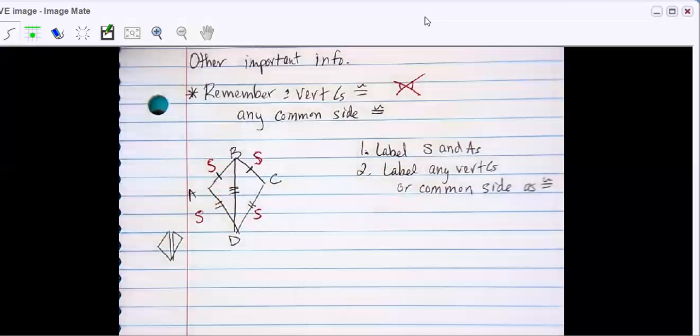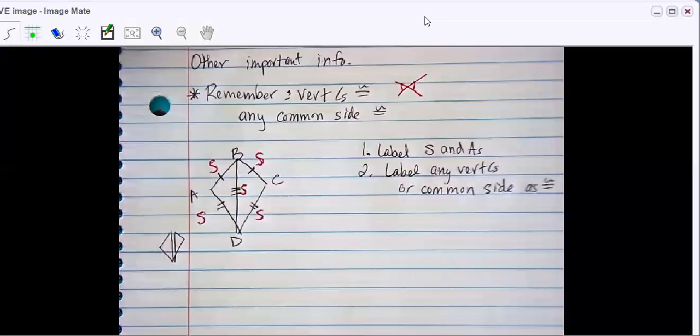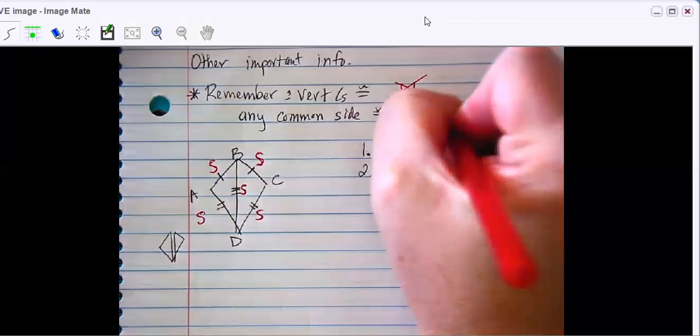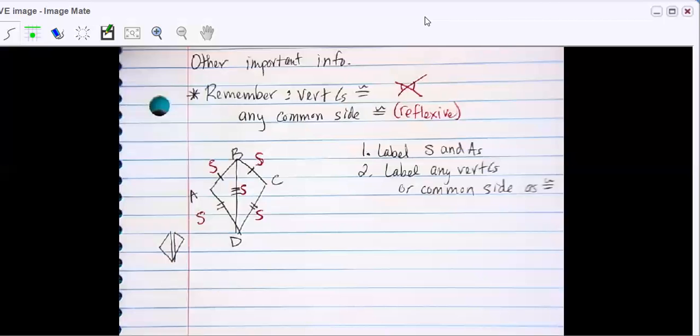So now I've got another side that's congruent to itself. If you remember that we use the property of reflexive to determine that something can equal itself. When you look in a mirror, you see yourself and hopefully nothing else. So you are congruent to yourself, and that's basically what that means.